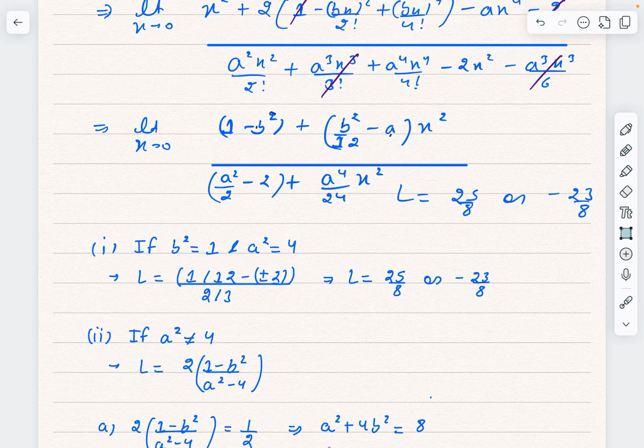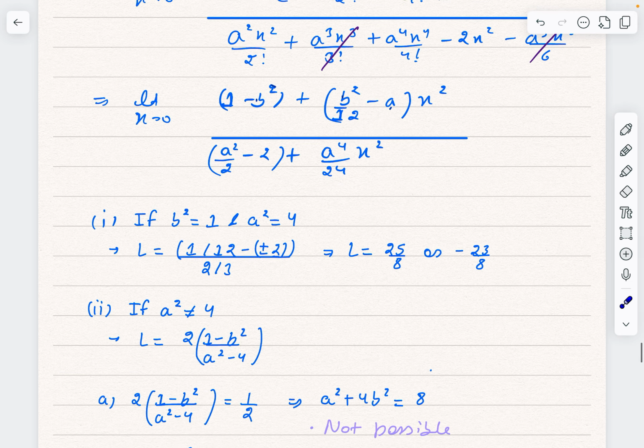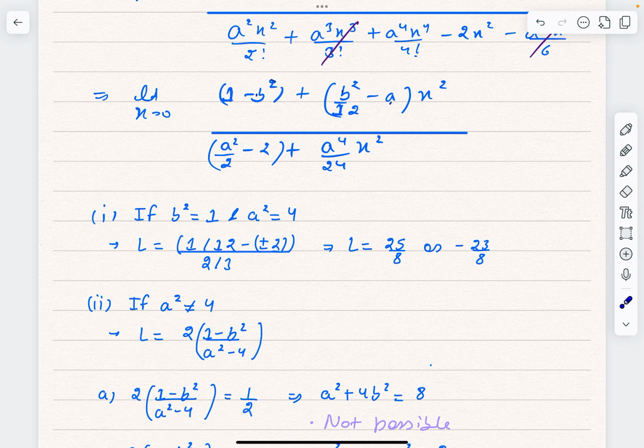First of all, if b² is 1 and a² is 4, this thing will be 0, this thing will also be 0, then we are left with the quadratic.